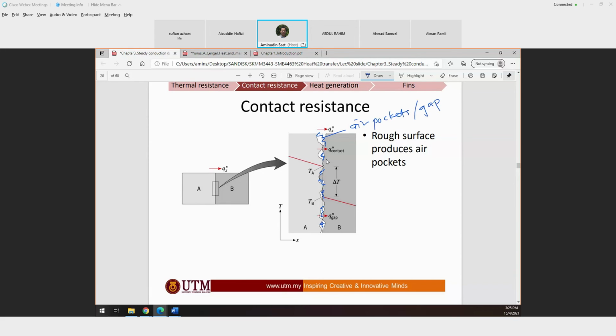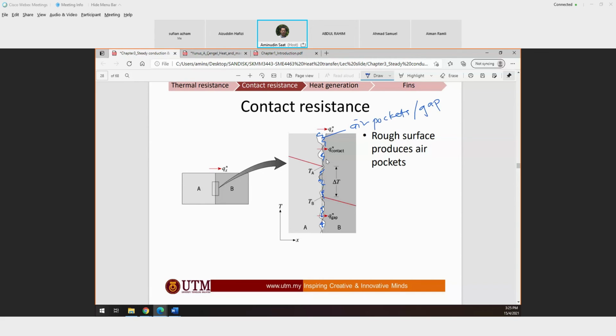So this air gap, or air pocket, basically introduces thermal resistance, resistance to the heat moving freely. If it is solid with no air pocket, the heat can transfer easily from metal to metal. But because there is an air gap, this creates some deficiency in the heat transfer.